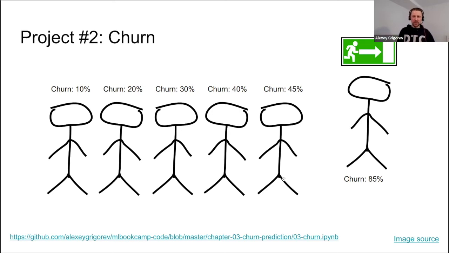They have a base of clients, a base of customers. Some of these customers think, there is this new telecom company that seems to give cheaper prices and better services. Let me try that company. So what these clients do is terminate their contract with us and go to a different company, right?